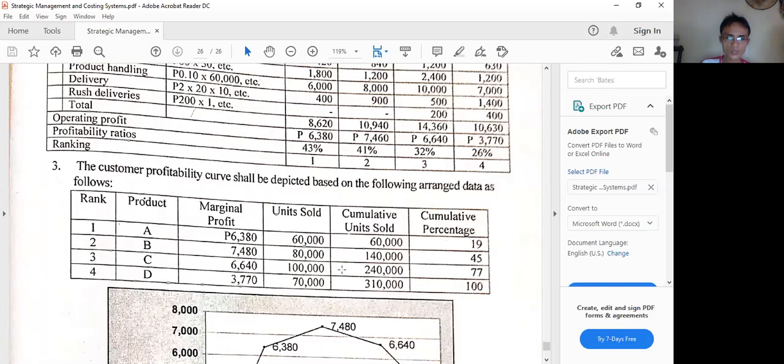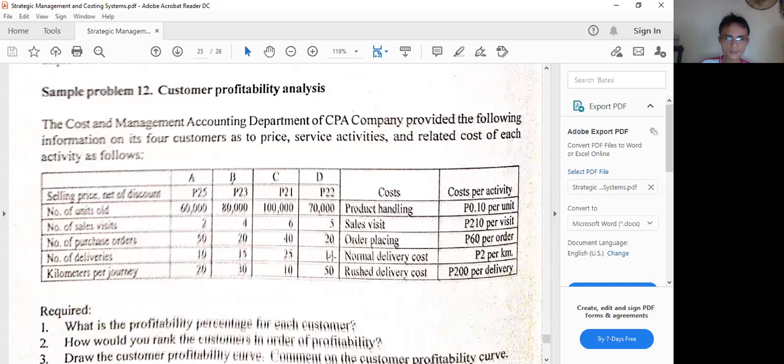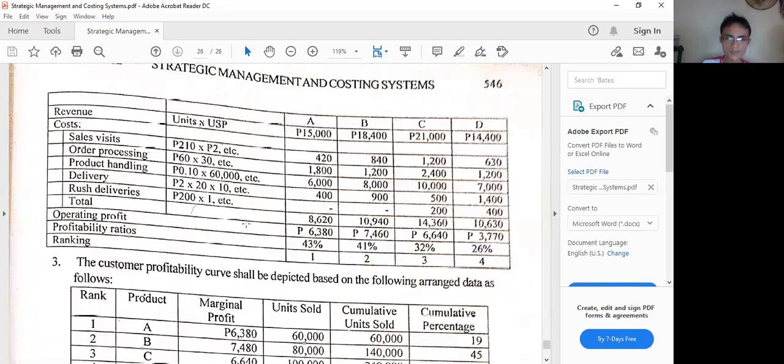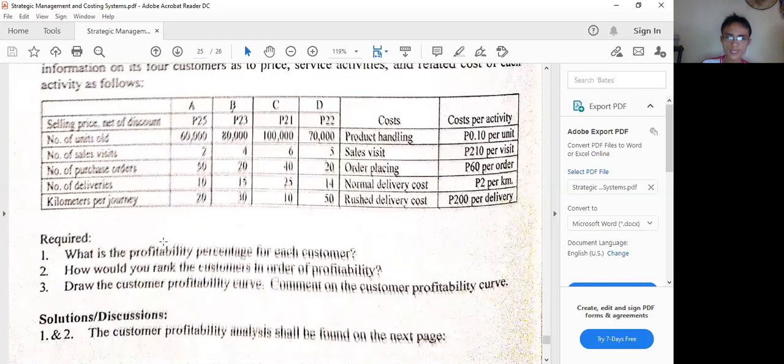What about the curve? In terms of product A, we can compute the marginal profit or operating profit, all right. Units sold, 60,000 here. The cumulative percentage is based on units sold, which are given. What about the costs? We have to compute them respectively, because they're not given, so we have to multiply.